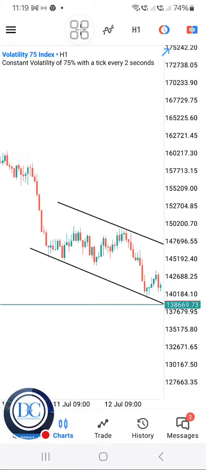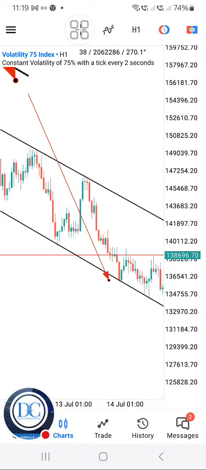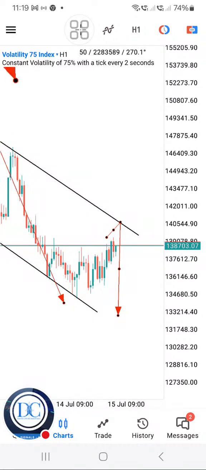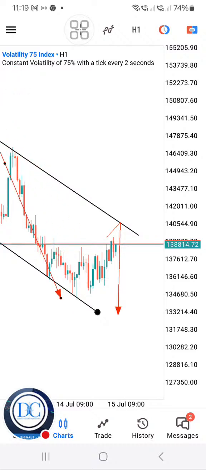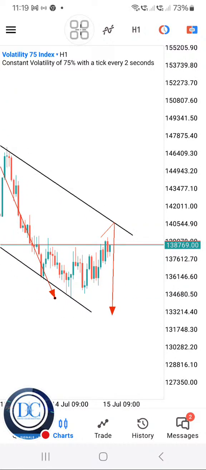Price was reacting with the upper and the lower trend line. The lower trend line in this channel is very strong, with multiple touch points. So we have a bearish channel, price is moving down.